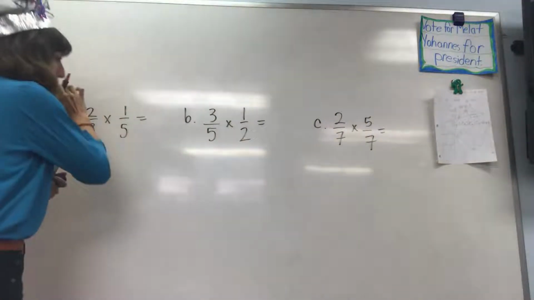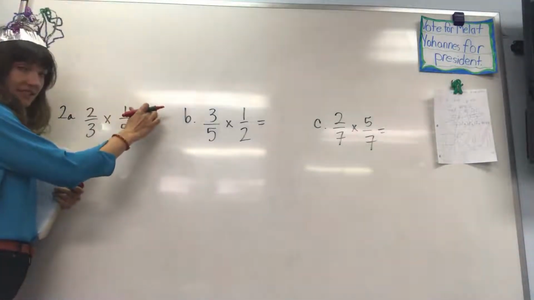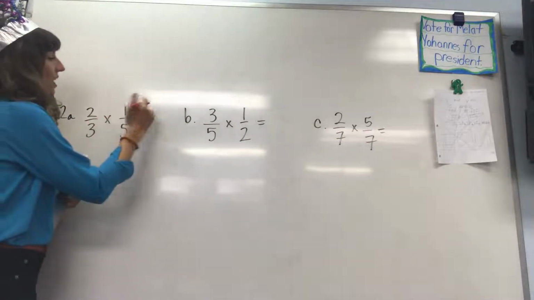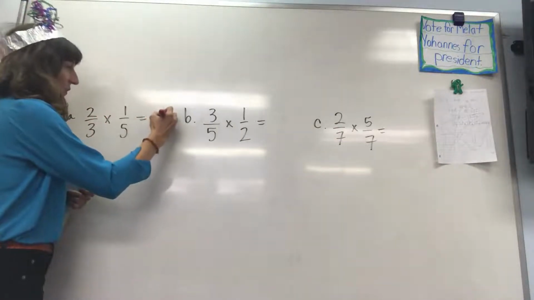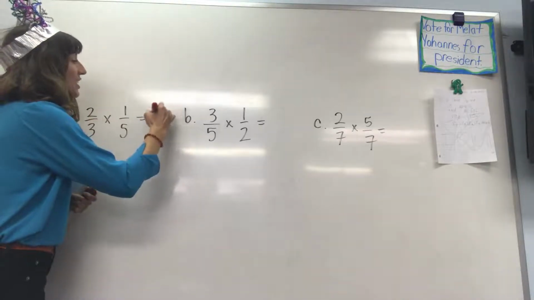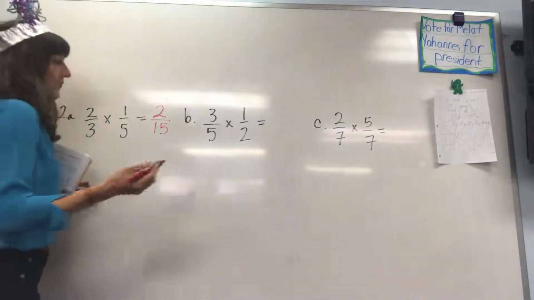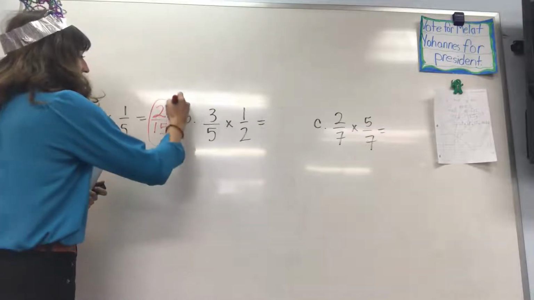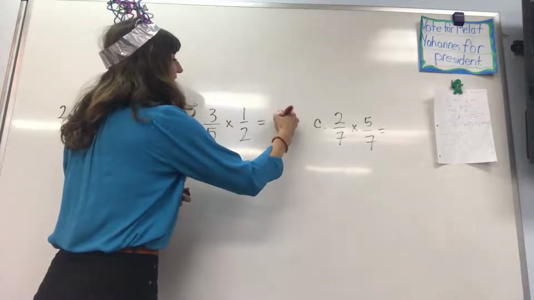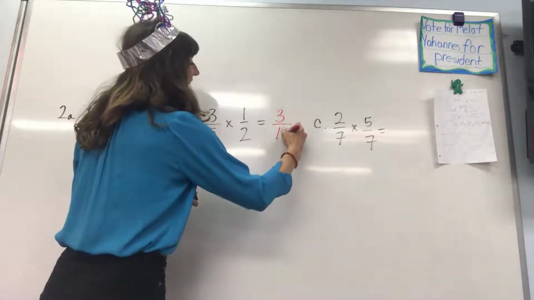Okay, multiplying across. You multiply your numerator times your numerator. And you put the answer, and then you multiply your denominator times your denominator. Here we go. 2 times 1 is 2, and 3 times 5 is 15. Can you reduce 2 15ths? 15 is not divisible by 2. So that is your final answer. Here we go. 3 times 1 is 3, and 5 times 2 is 10.